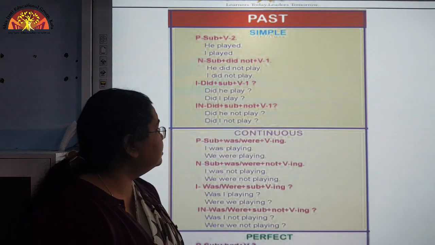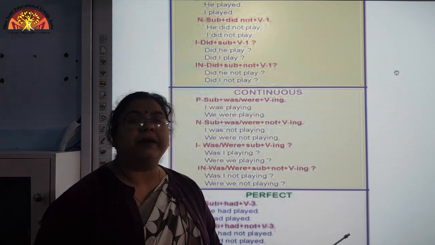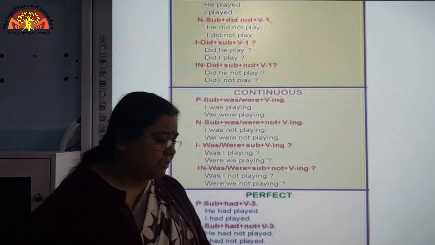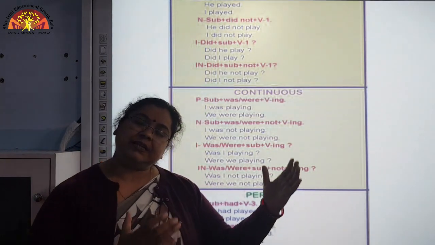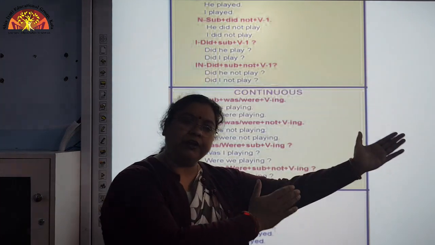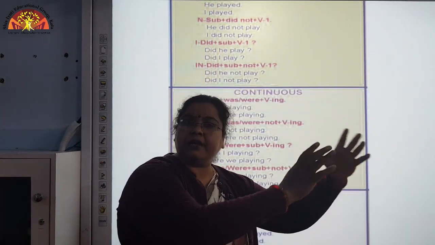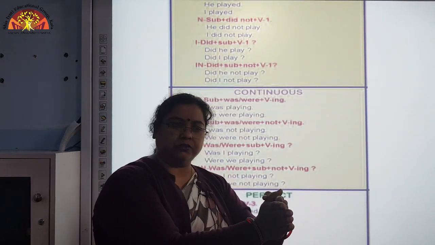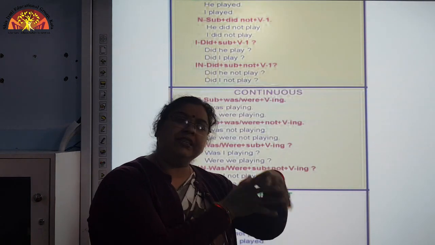Now, let us move to the past progressive tense, that is past continuous tense. Now, first of all, for this particular tense we have to understand that a certain action at a point of time in the past started and it continued for a period of time and then it completed also. It got completed in the past itself.